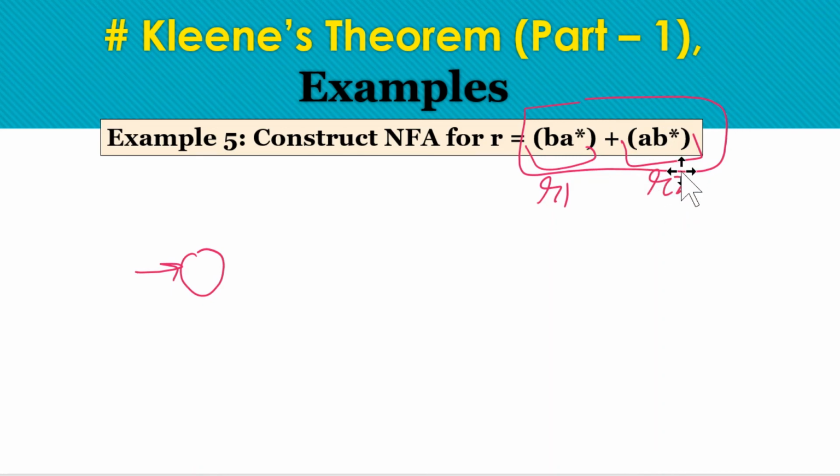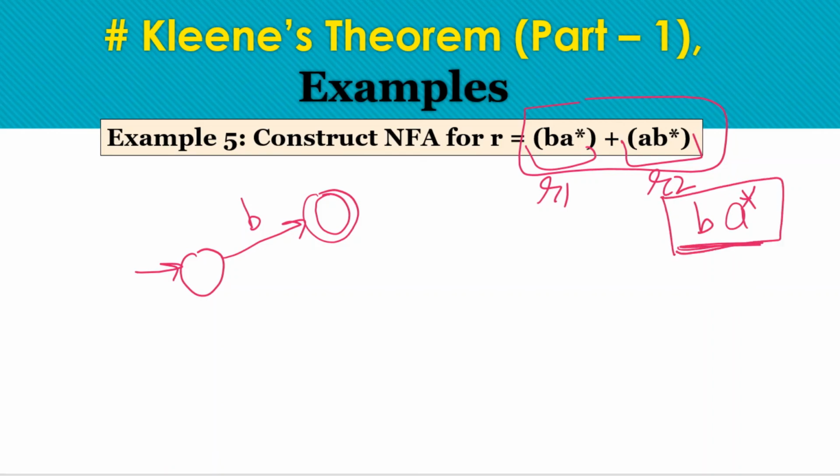So starting with the first expression R1, we have to receive b, and once we have received b, we are at the final state, and at the final state we can have any number of a's, as we have a star followed by b followed by a star. So here we have the self loop of a, and a's occurrence is zero or more times here.